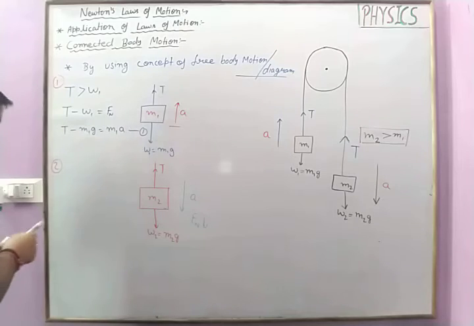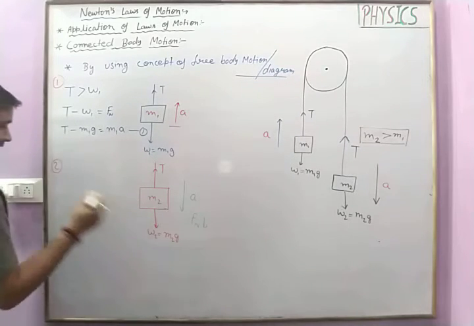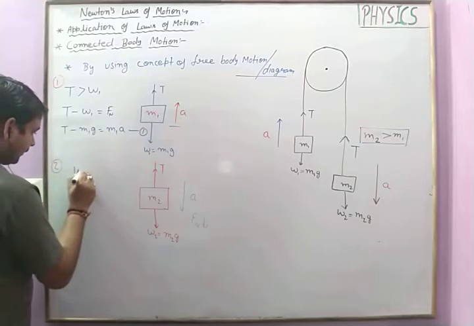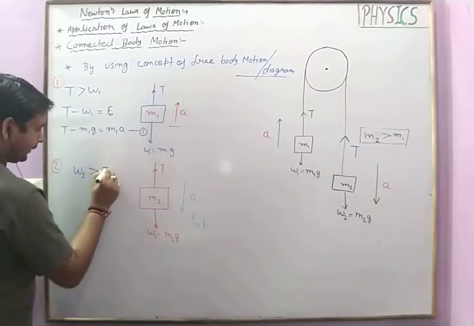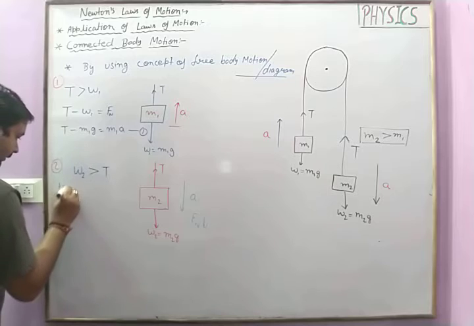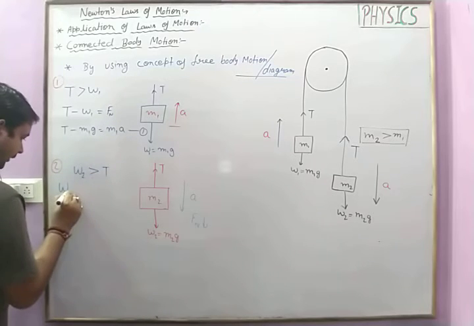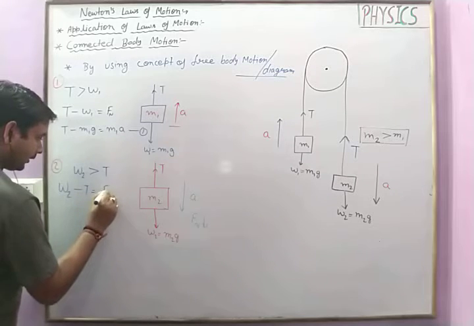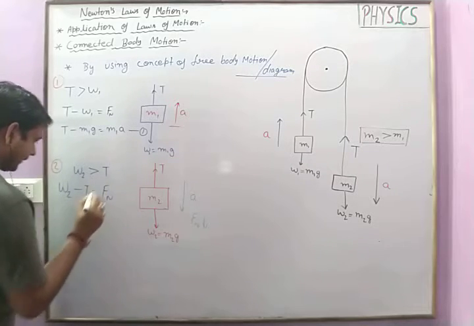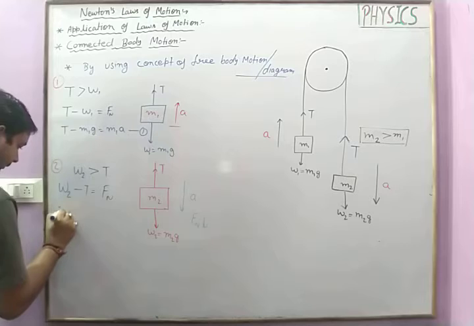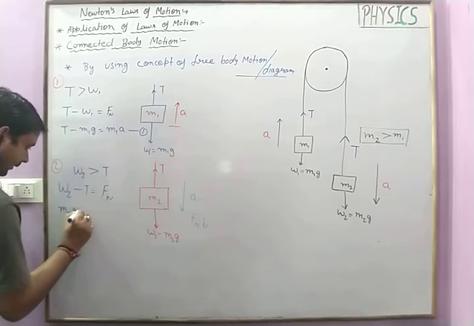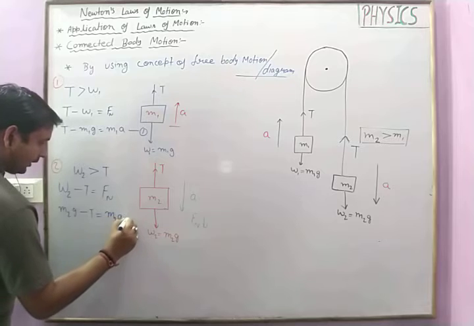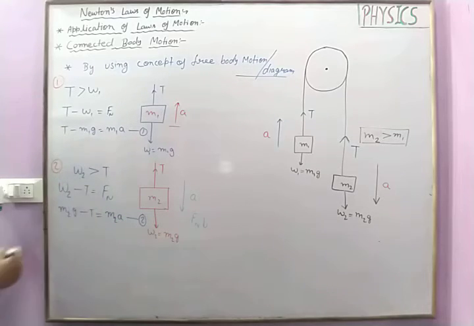Therefore, in this situation, W2 is greater than tension, that is, difference between the weight of the body and tension gives net force, that is, m2g minus T is equal to m2a. This is our second equation.